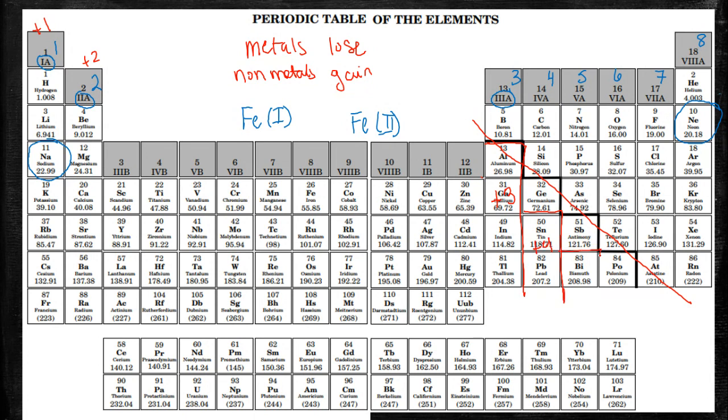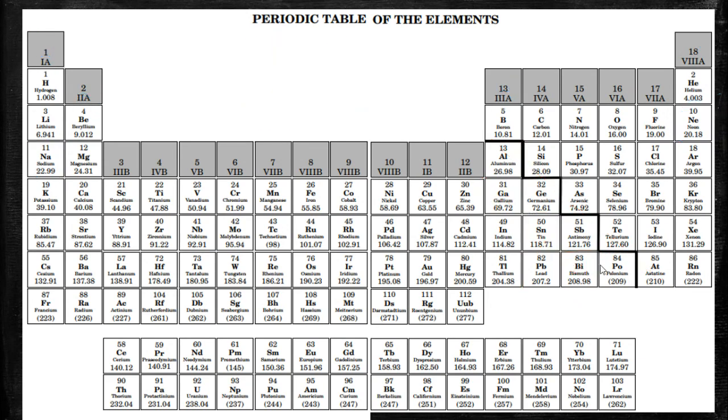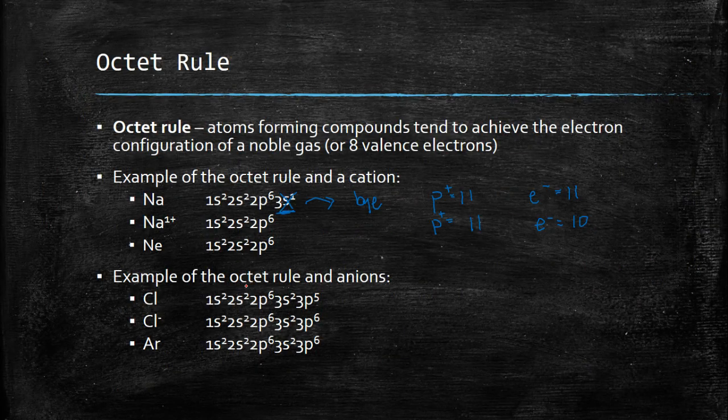This one has 5, so it can become a +5 because it'll lose all 5 of them. Now, why didn't I include these? Because they're metalloids. And what we're going to see here is that metalloids tend to act like nonmetals. They become anions. So what they do is they gain. They are closer to 8 by gaining than they are by losing for the most part.